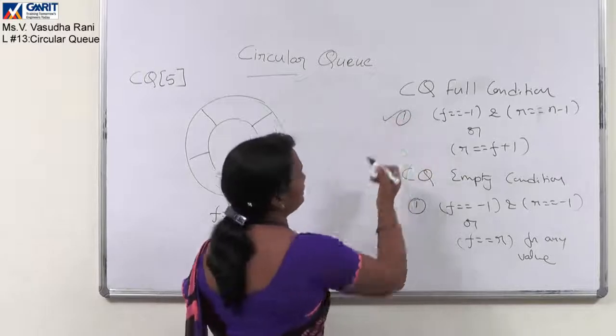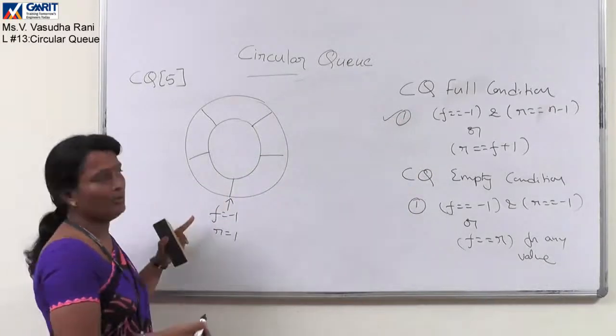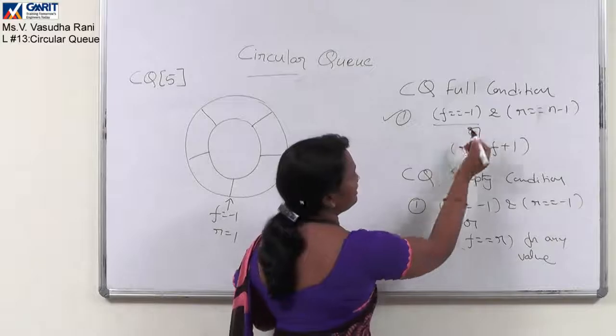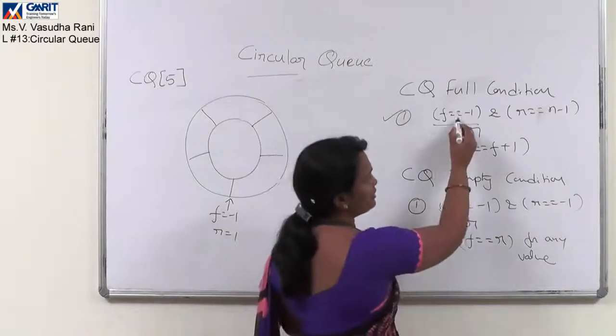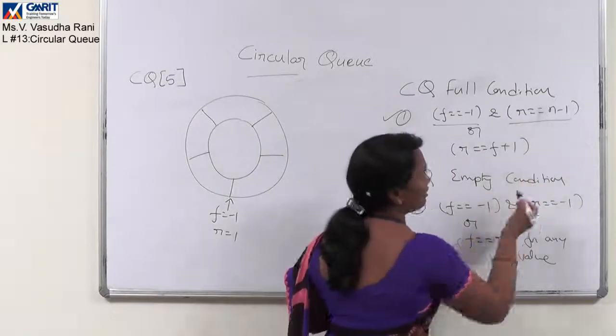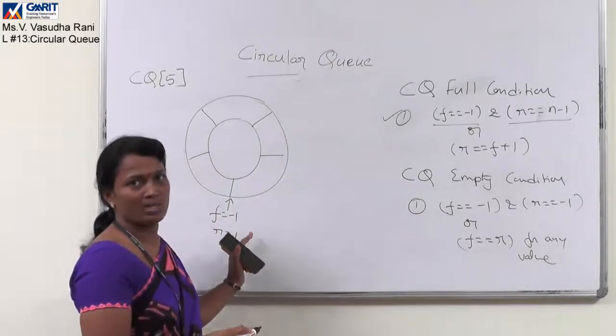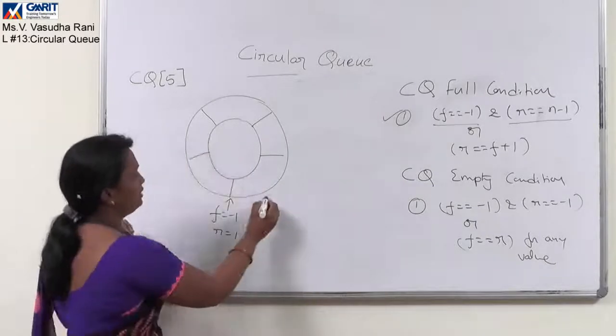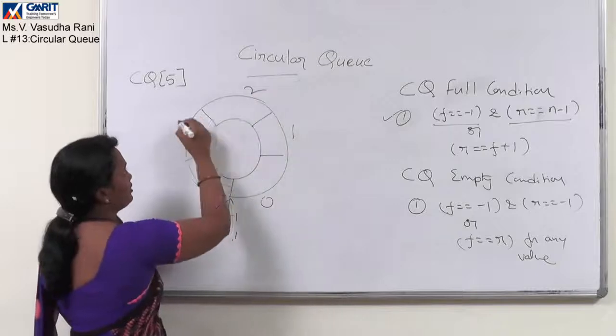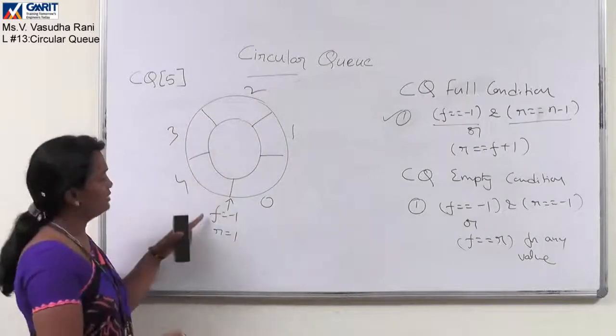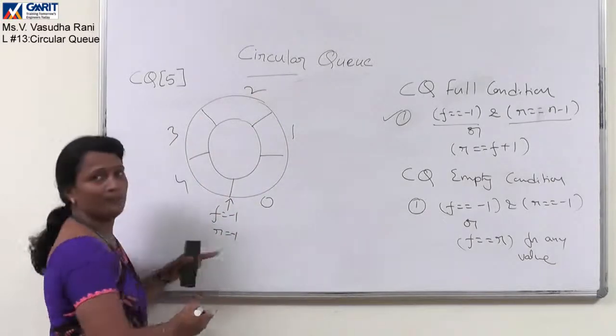So circular queue full: front is -1 only, the initial value, and your rear reaches n-1, that is size minus 1. For our example, the size we have taken is 5: 0, 1, 2, 3, 4. Initially front is -1 and rear is -1.